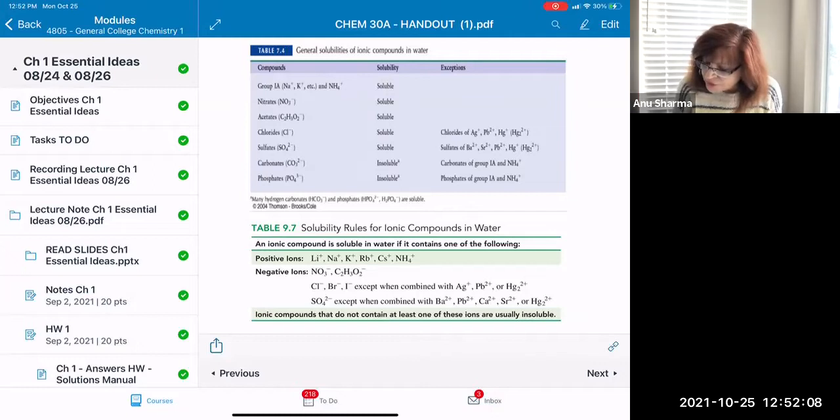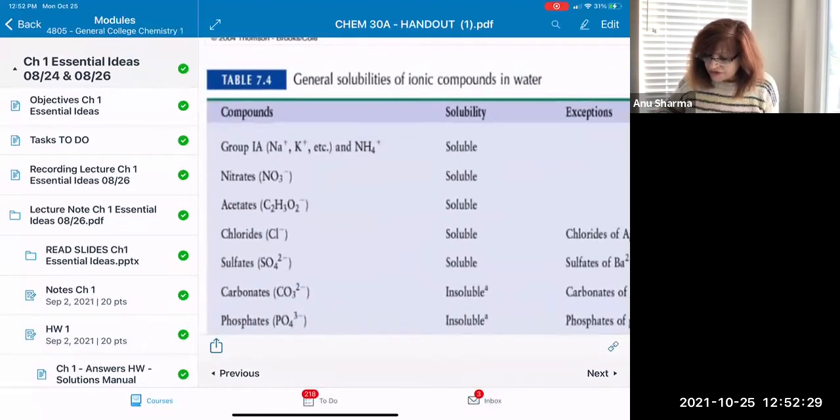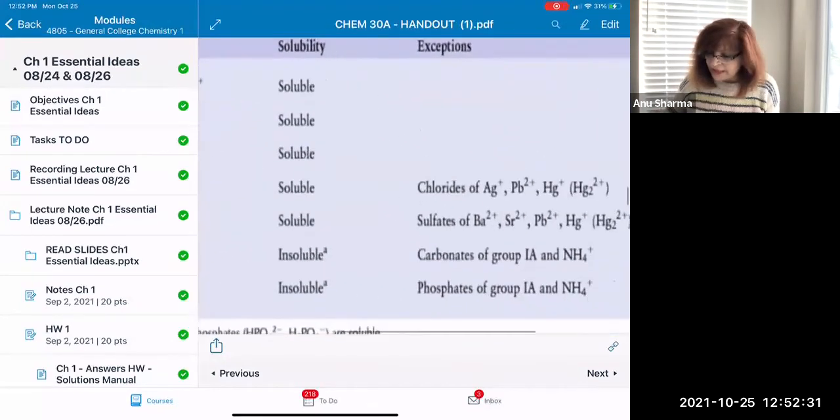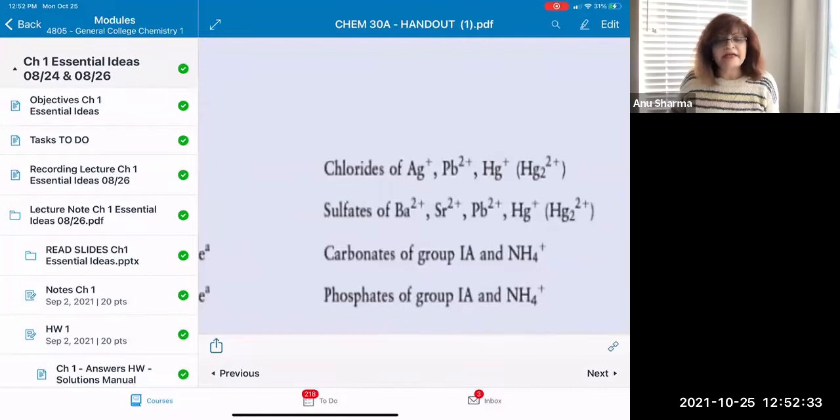So here you have the general solubility of the ionic compounds. As you can see, group 1A, all of them are soluble, nitrates are soluble, acetates are soluble, all the chlorides are soluble. When ammonium attaches to anything, that makes it soluble. Now, there are some exceptions also. Looking at table 7.4, the chlorides are all soluble except silver and lead.